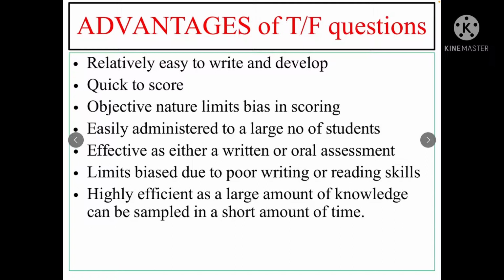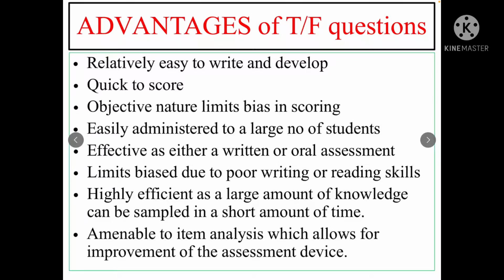Since the questions are of 1 or 2 lines, we can frame different types of questions from a vast content, and to know the answers correctly, the students have to go through all the areas on which we are asking the questions. That's why a large amount of knowledge can be sampled in a short amount of time.